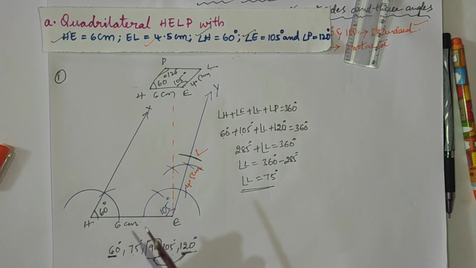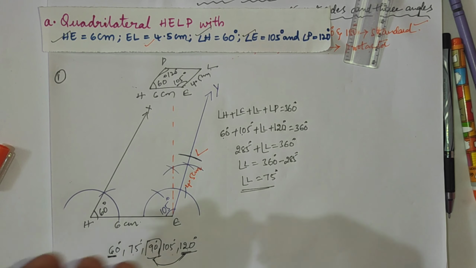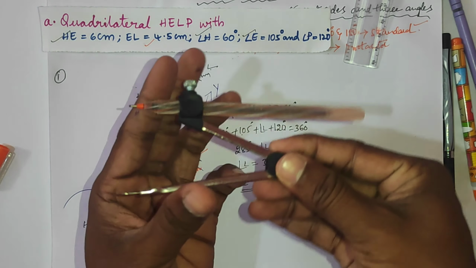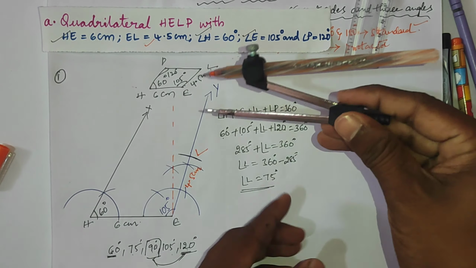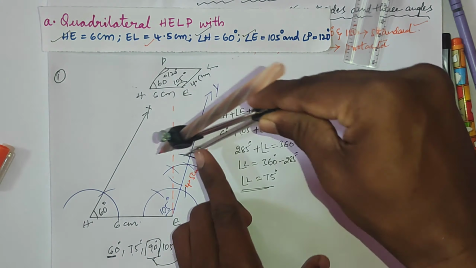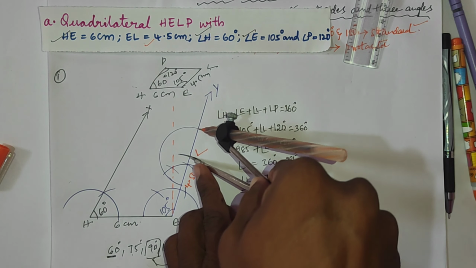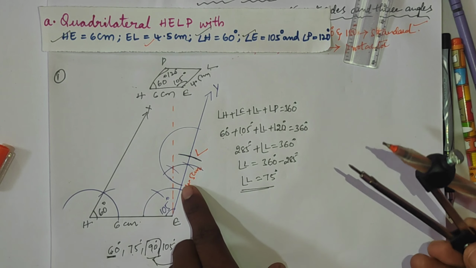Now see here, listen carefully. To construct 75, first I am constructing 60 and 120 here. Taking L as a center, taking some radius, I am drawing an arc. Now we got an intersecting point, right?